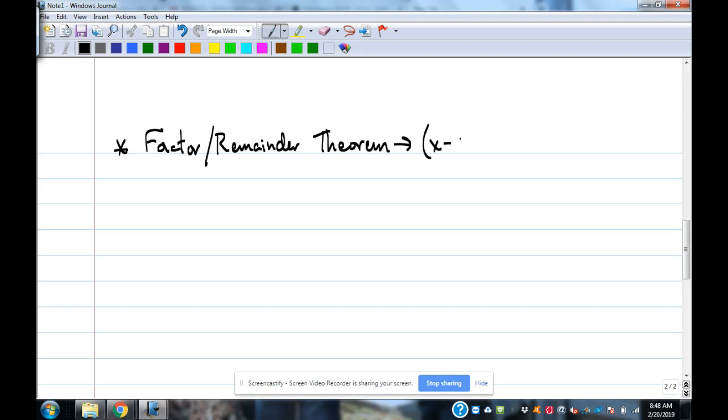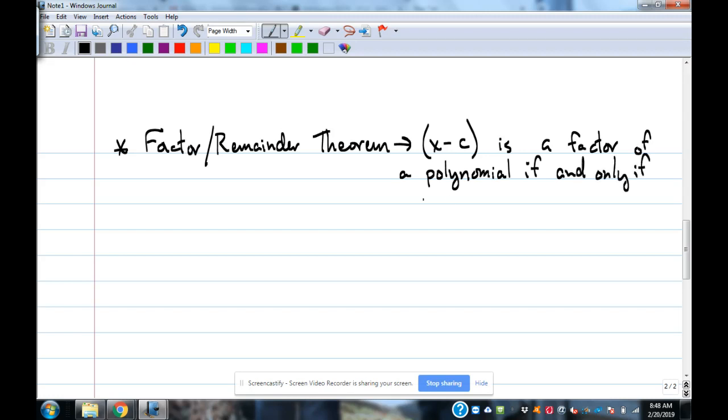It says that x minus c, where c is a number, is a factor of a polynomial if and only if f of c is equal to 0.